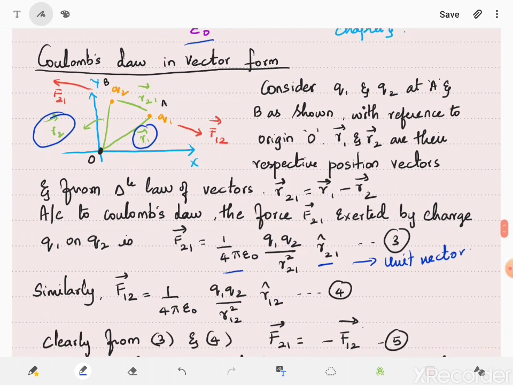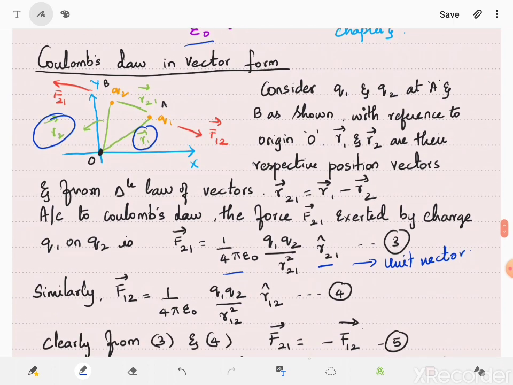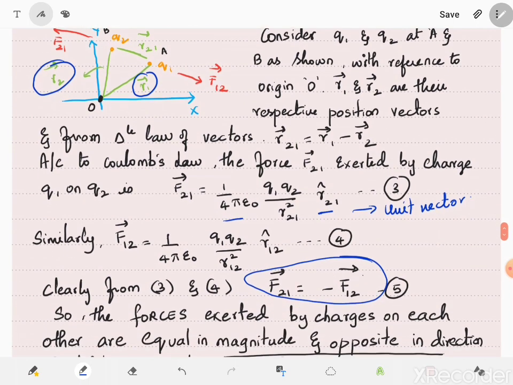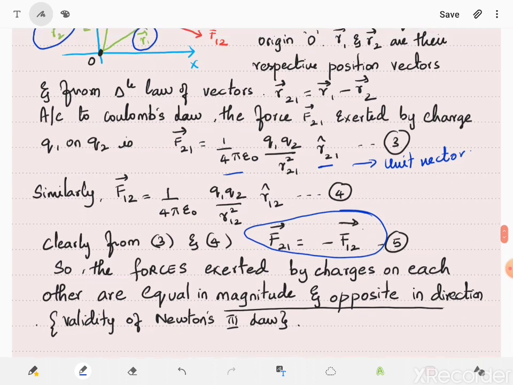So clearly from expressions 3 and 4, we see that F21 is equal to minus F12. So one sees that the forces exerted by charges on each other are equal in magnitude and opposite in direction, which talks about the validity of Newton's third law.